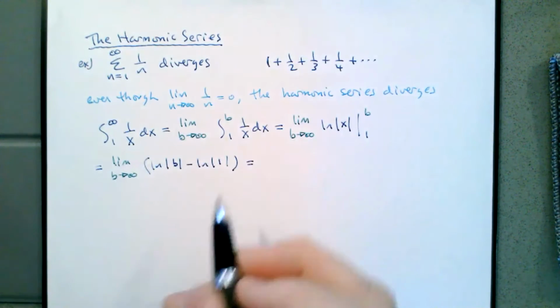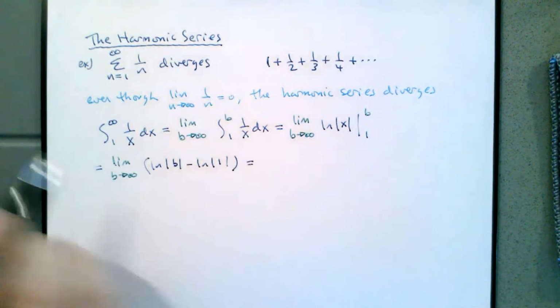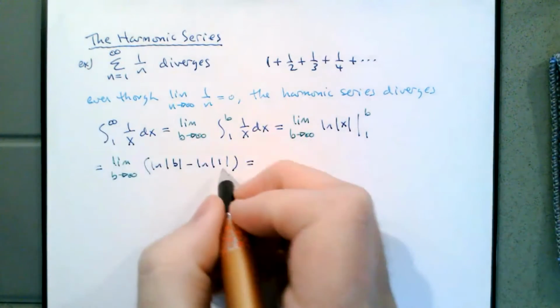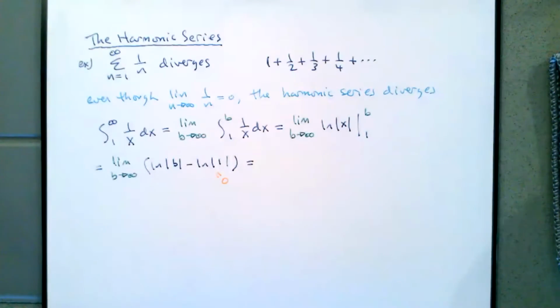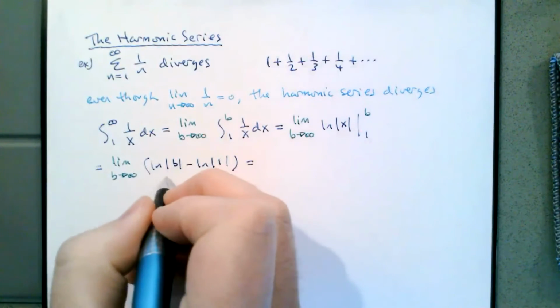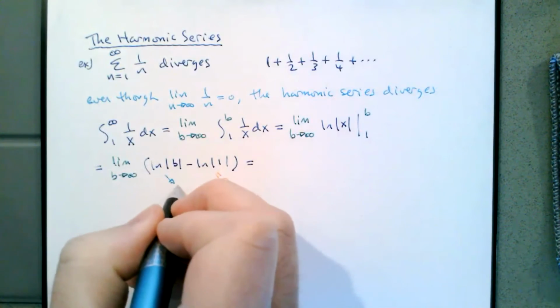The natural log of 1 is equal to 0, so that's convenient. And the natural log of b, as b goes to infinity, will go to infinity.